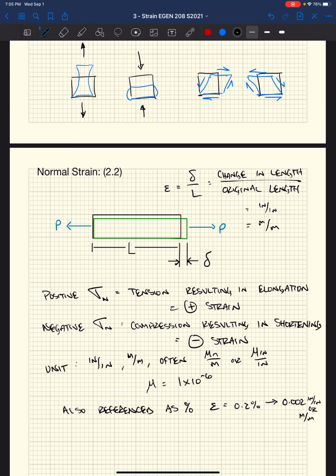And when we call something out as having a strain, that being a unitless number, it can cross over between units. 0.002 inches per inch is the same as 0.002 meters per meter.